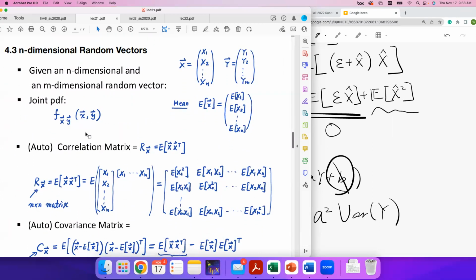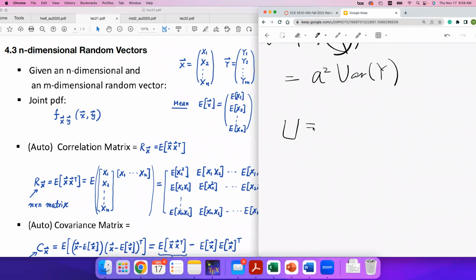From now on, next we are going to step into the higher dimensional space. We're going to talk about n-dimensional random vectors. Previously we have discussed everything about a pair of random variables: the joint distribution between two random variables and the functions of two random variables.